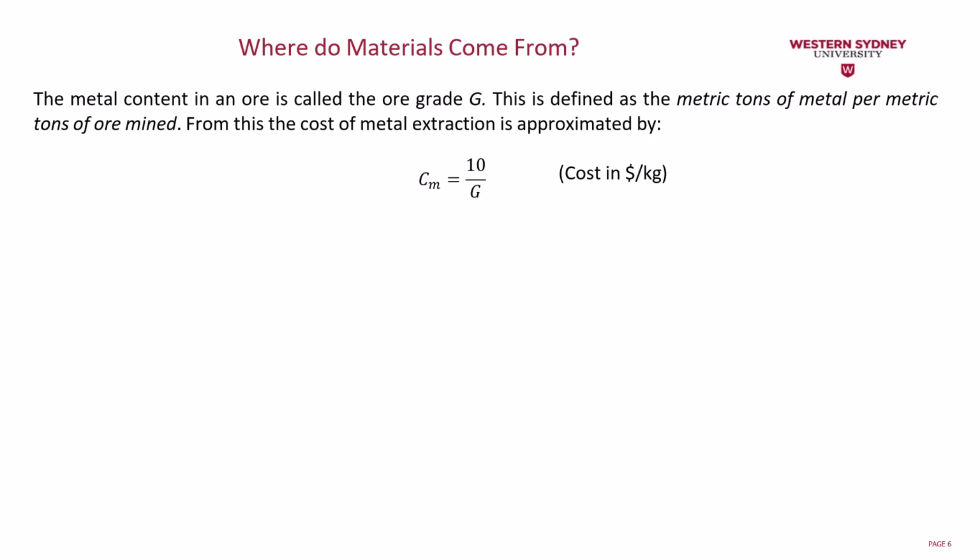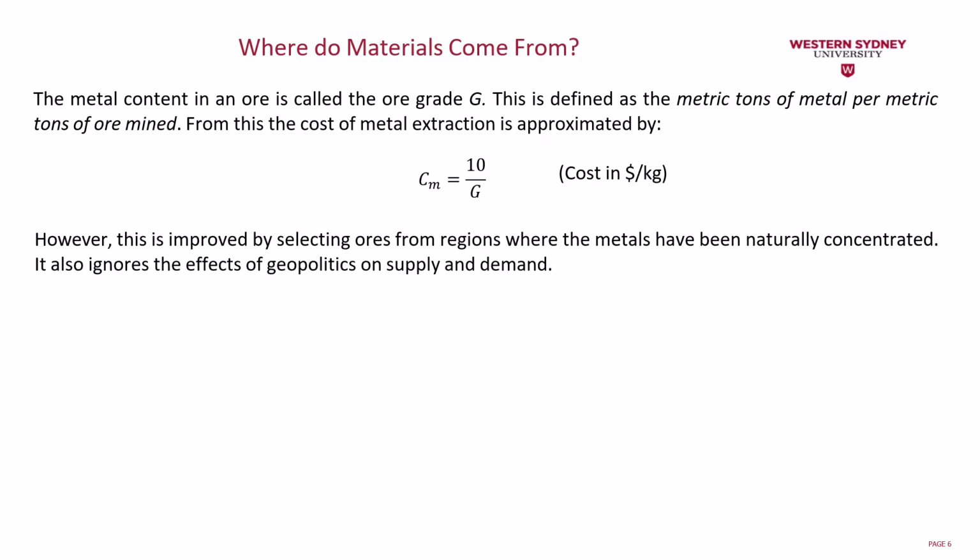From this, the cost of metal extraction can be approximated by the value for C_m, or the cost in dollars per kilogram, which is equal to 10 divided by G. However, this is improved by selecting ores from regions where the metals have been naturally concentrated. This also ignores the effects of geopolitics on supply and demand.